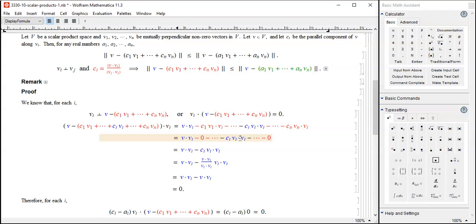Excuse me, Vi dot Vi is non-zero. That's the only non-zero. Everything else is 0. So dropping all those zeros, we get that. And the Ci is equivalent to V dot Vi over Vi dot Vi, because that's the parallel component. And then please note these two cancel each other out. And what do you get? V dot Vi minus V dot Vi, and that's 0.